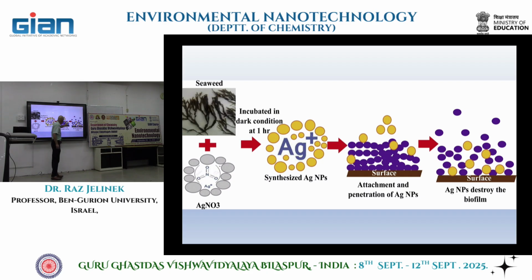This is the matrix of the biofilm. They can slowly break the biofilm and reach the bacteria under the biofilm. People still don't know exactly how it happens, but when the silver nanoparticle destroys the biofilm, the bacteria are no longer protected. And that's how we can kill the bacteria, by the silver nanoparticles or the immune mechanism of the body.